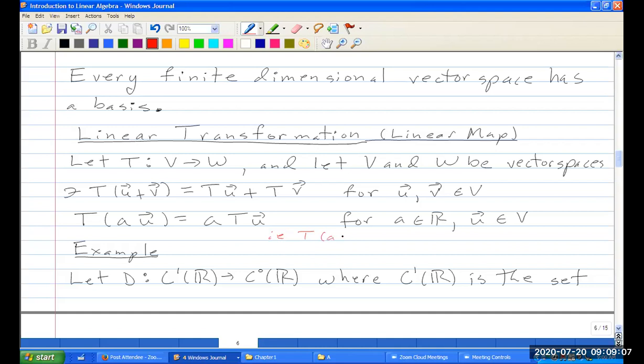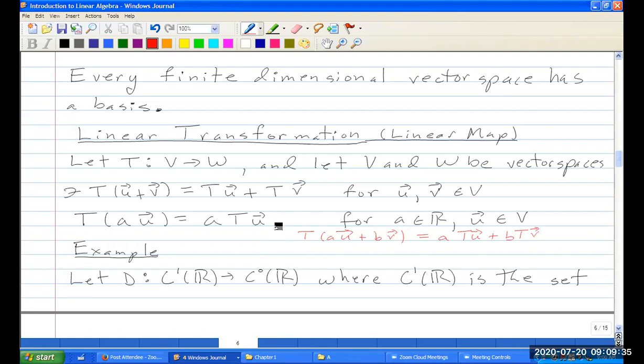T of AU plus BV is A TU plus B TV. So you can combine both of these properties into this one property.